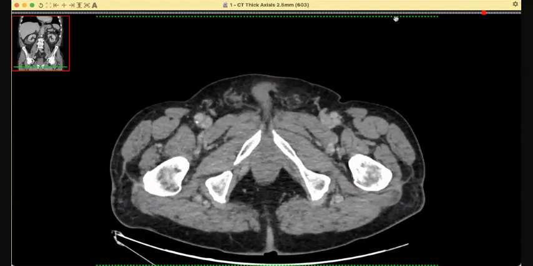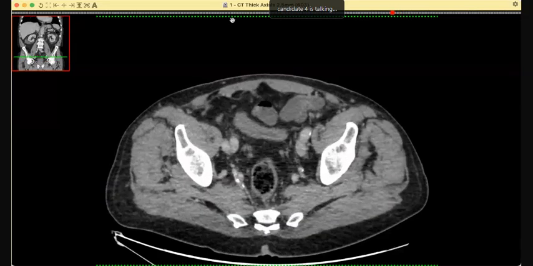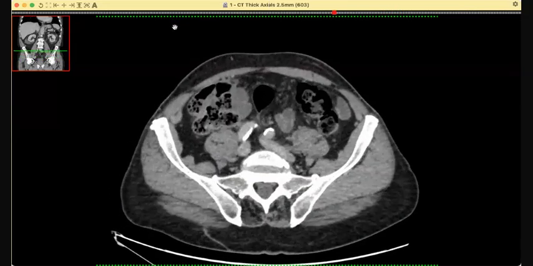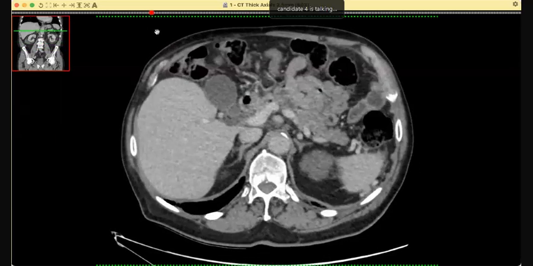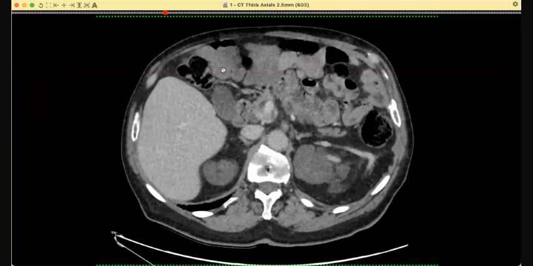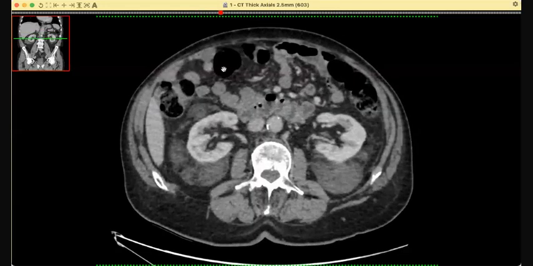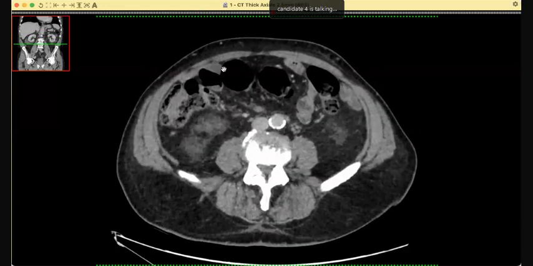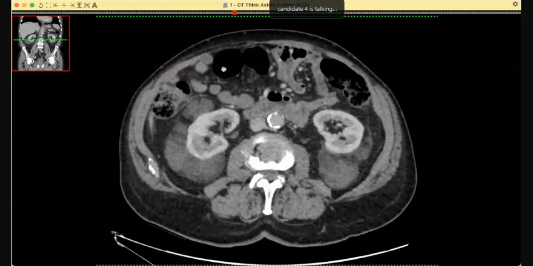On the first scroll, I can see that there are bilateral perirenal hypo to isodense lesions or areas. And these lesions are separately seen from the kidney.